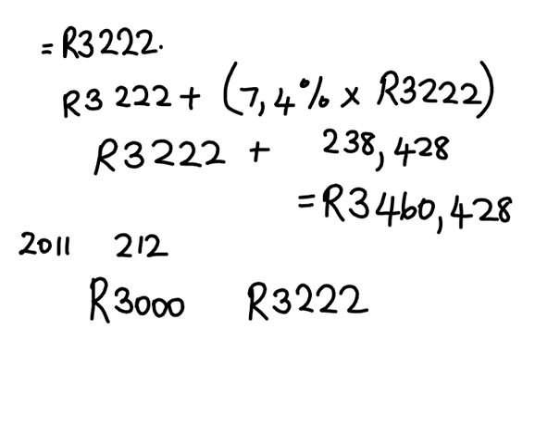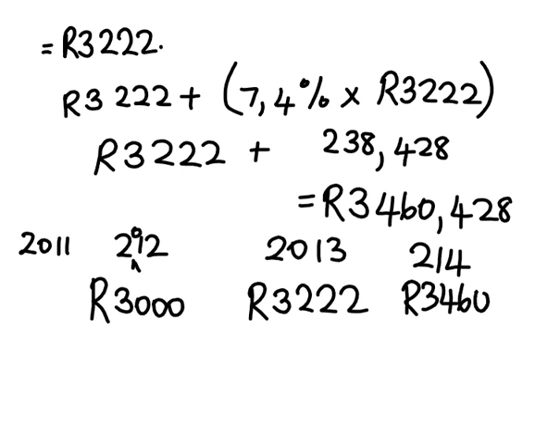In 2012, we had that. 2013, we had that, and 2014, we had 3,460. Right, you round off at the end only. So if I look at this, I'm rounding off to 2 decimal places. It is more than 5, so it's going to be 43.